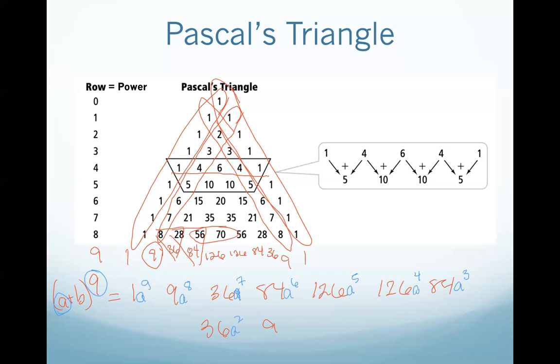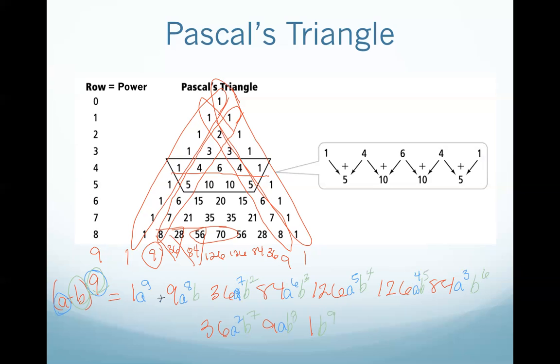I put that one really close, so let me write it a little bit farther away. A and no a. And then b goes the opposite direction. So b starting to the 9th at the end. b to the 9th, b to the 8th, b to the 7th, b to the 6th, b to the 5th, b to the 4th, to the 3rd, to the 2nd, to the 1st.